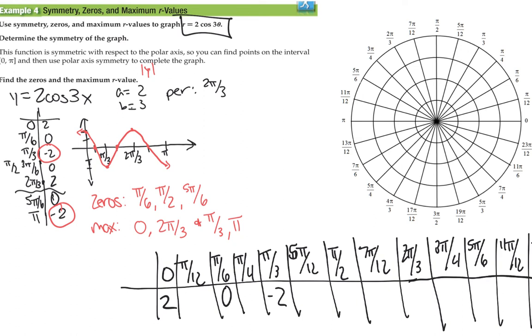Hold on, there we go. I had things all missing. 0, 2, 0, negative 2. So all you have to do is find those pi over 12 markings. So go ahead, do those in your calculator, hit pause, and then come back.